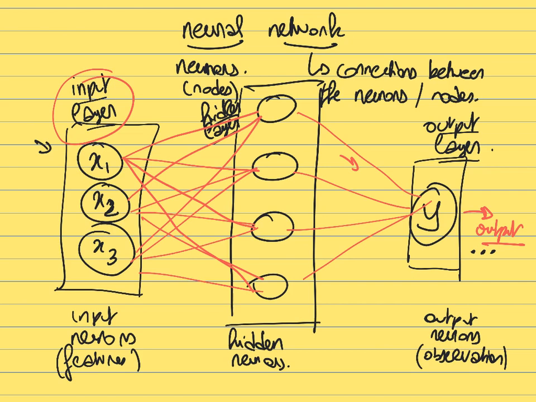We just block the signal and do not transmit it to the next layer. So this is the main idea of an artificial neural network: to have a system of neurons where each neuron takes some inputs from the neurons of the previous layers, and then will either transmit or not a signal to the next layer.